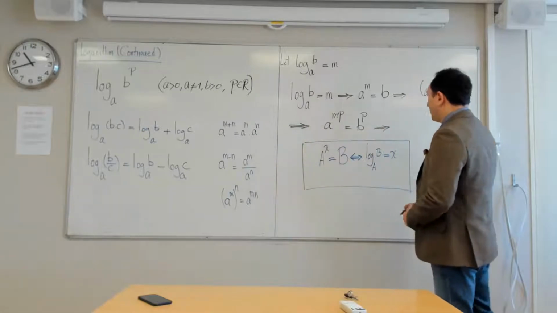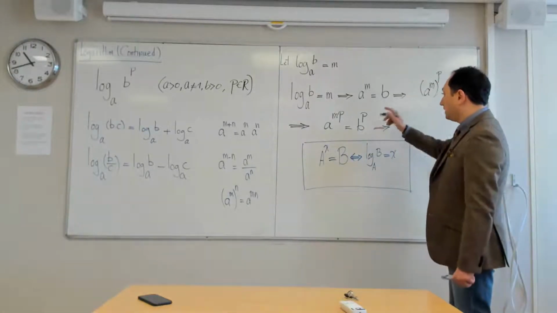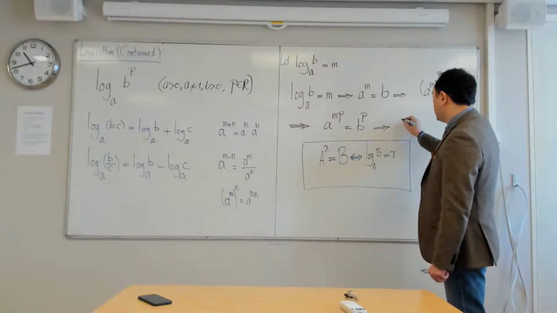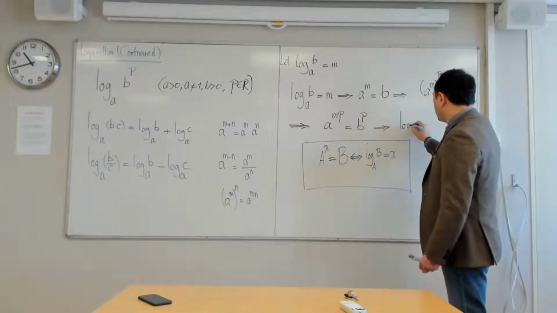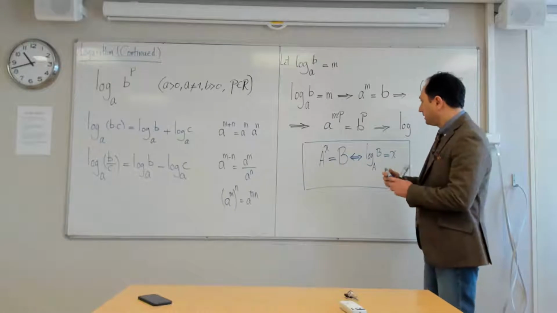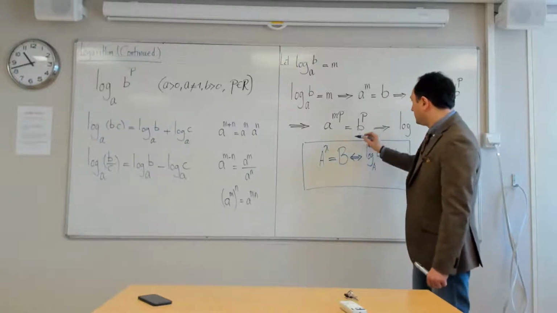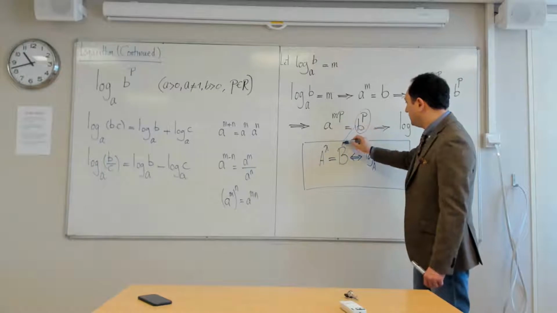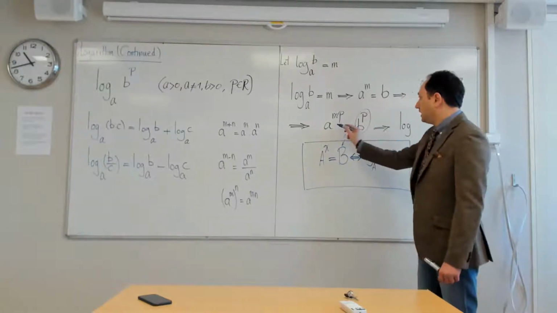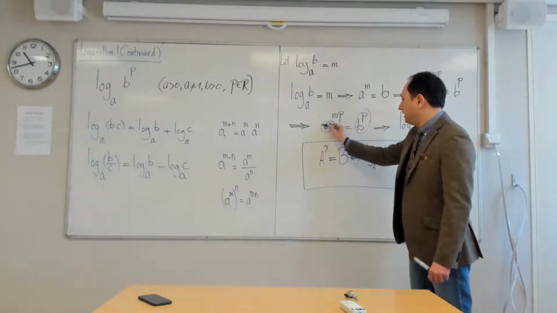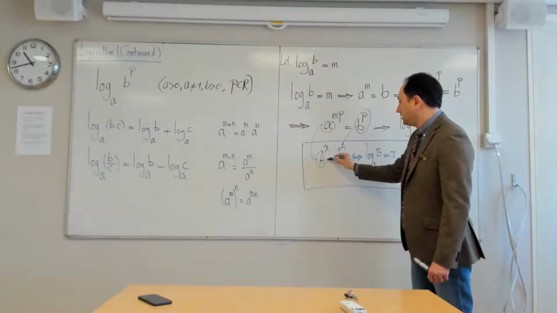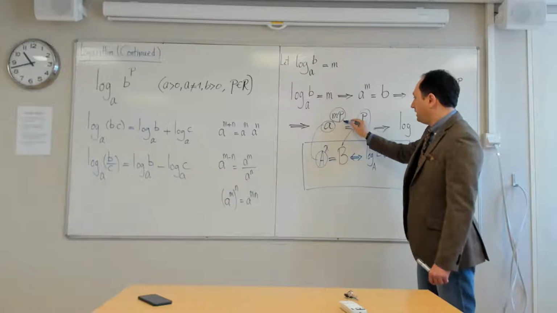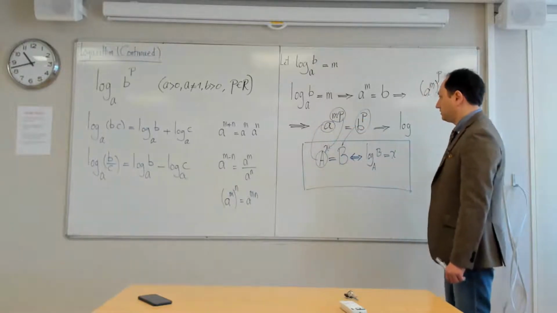So this implies that, let me tell you what is happening. I am giving the role of b to the p to b. I am giving the role of a to this a. And I am giving the role of this mp to this x.